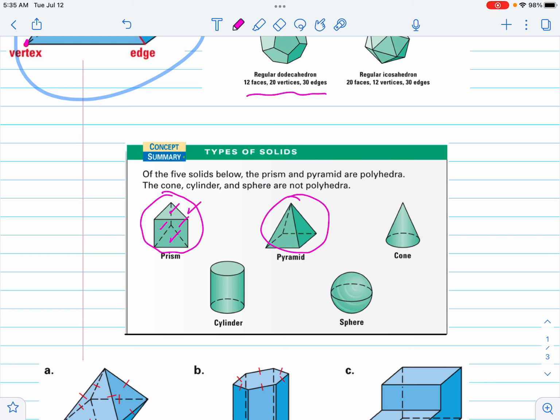The same is true with this one. All you see is polygons here. However, this one, nope. It's got circles in there. This one, nope. Got circles. Nope, not this one. So if you're wondering, is the shape a polyhedron? Well, are all of its faces polygons?